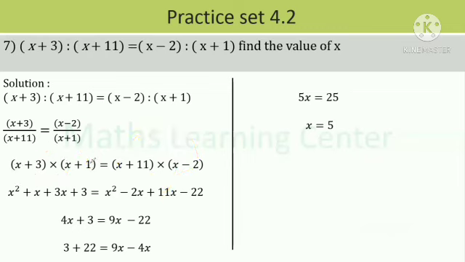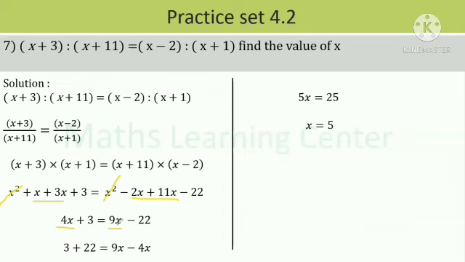After that, we can add like terms. Here on both sides x square is there, so that we can cancel. So x square cancels, 3x plus x will get 4x, and here minus 2x plus 11x will be 9x, plus 3 and minus 22 as it is.